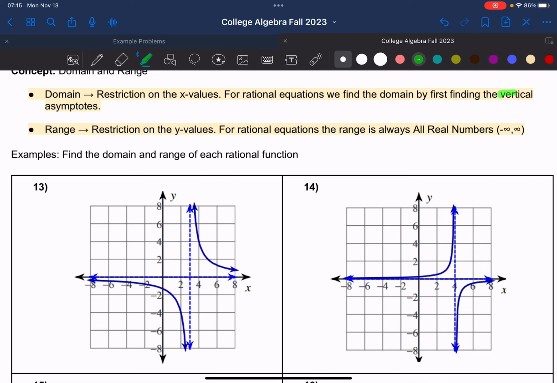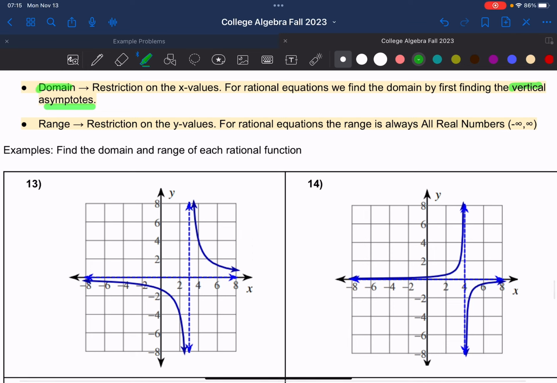So we use the vertical asymptotes for the domain. Okay. For the range of rational equations, it is always all real numbers. So as long as you remember the range is all real numbers, when you're asked for the range, you could just write that fancy R, or negative infinity to positive infinity.